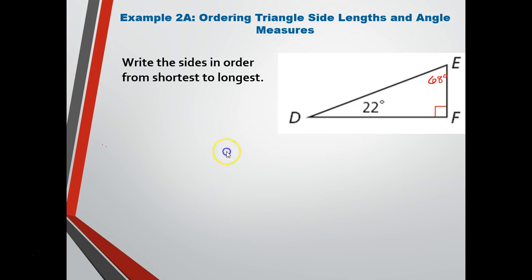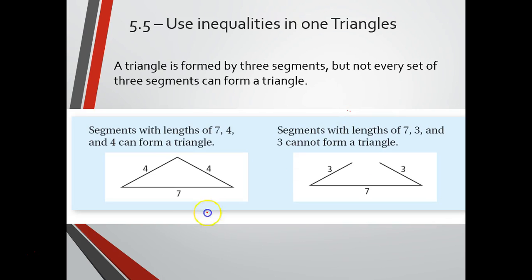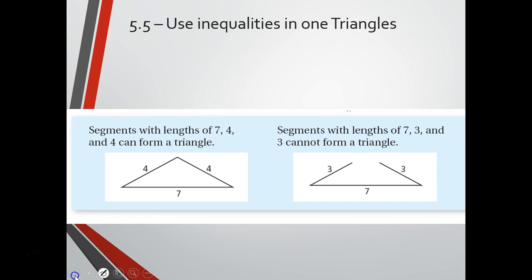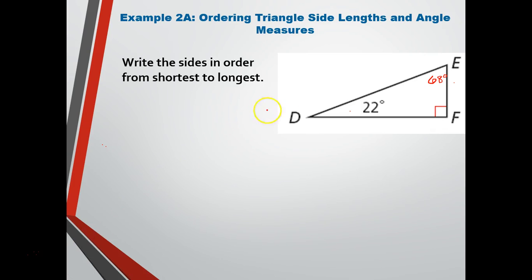All right. So let's number these sides from shortest to longest. Angle D is the smallest angle, so the side opposite, EF, is going to be your shortest side. So EF is our first one.